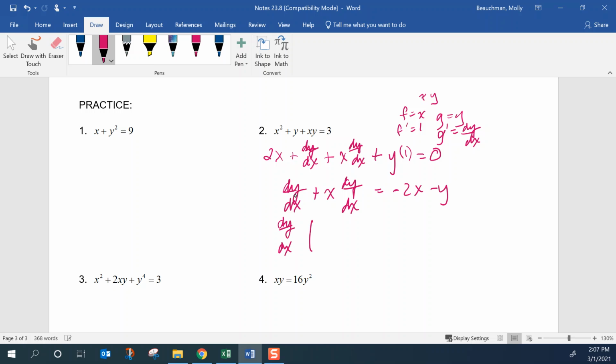Remember, when you factor it out from this first term, you're left with a 1 plus x equals negative 2x minus y. Then divide both sides by 1 plus x, and your derivative is equal to negative 2x minus y over 1 plus x.